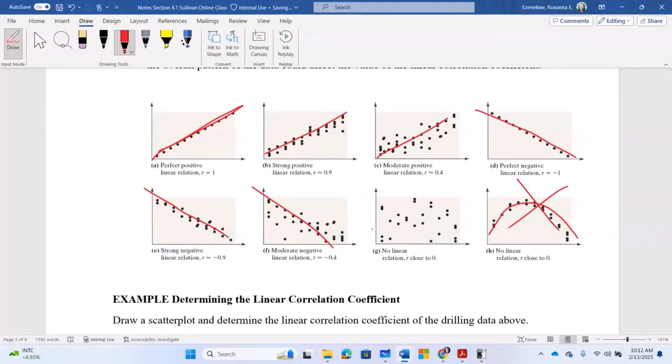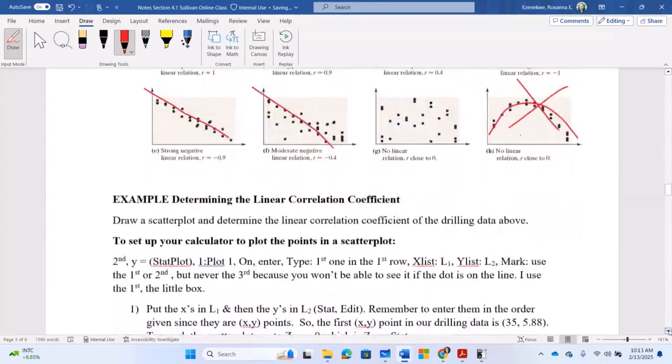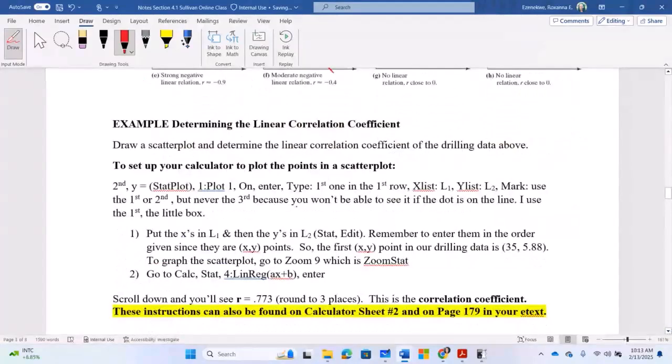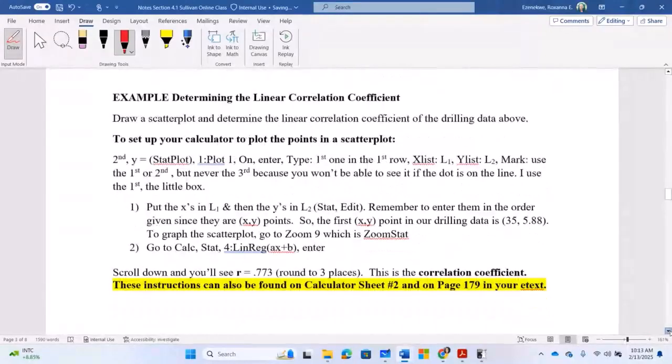There is no linear relationship in this one, because it actually looks like a quadratic. So this is how you can plot the points and how you can construct a high positive relationship.